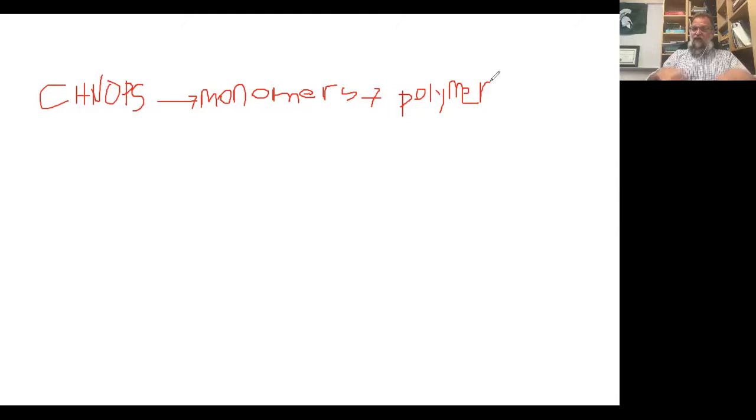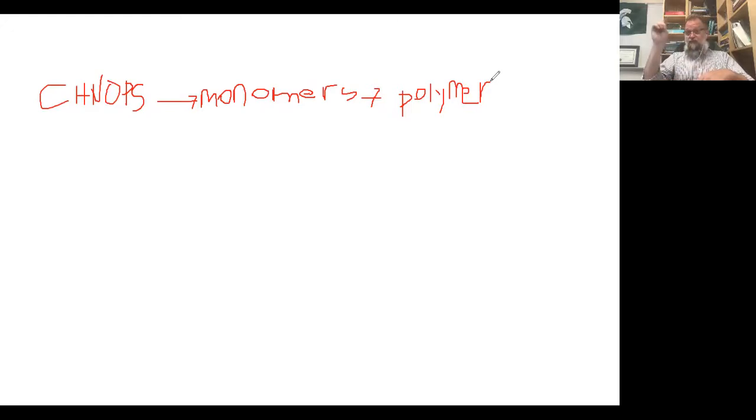Your cells then have the machinery to take those amino acids and reassemble them. This is typically done at the ribosome level. Reassemble them into not a chicken protein, but into a human protein. That's critical.